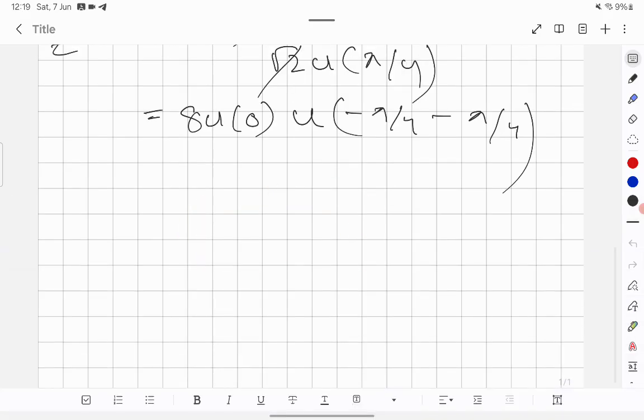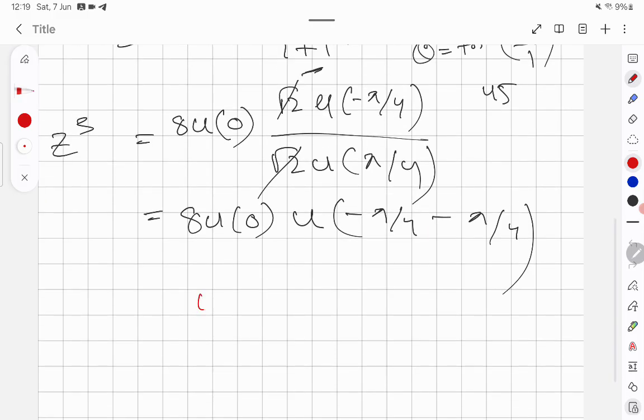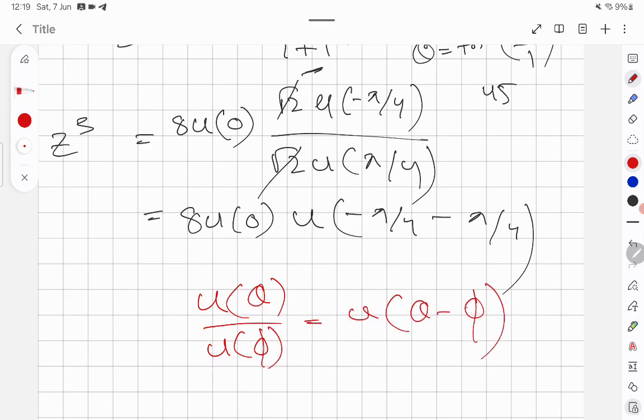Okay, so here I just use this one: ρe^(iθ) upon ρe^(iφ) is equal to e^(i(θ minus φ)). Clear?